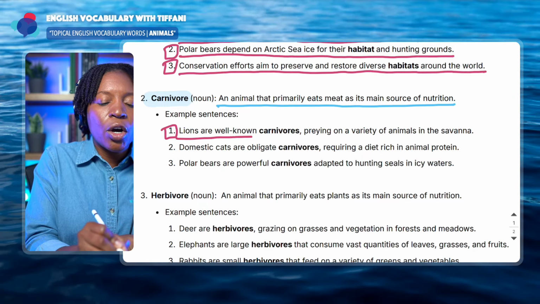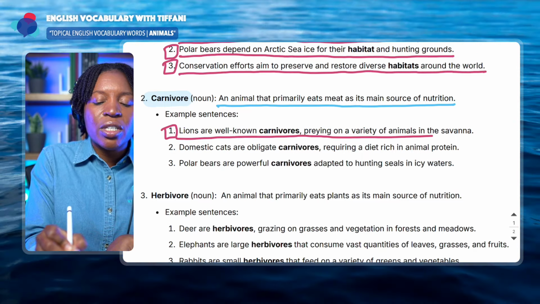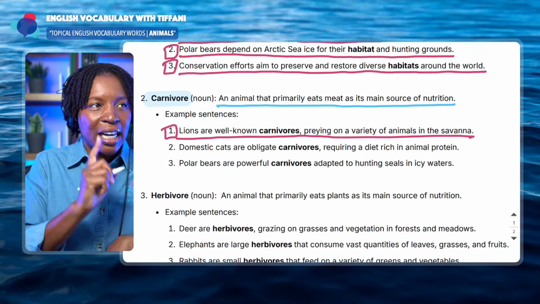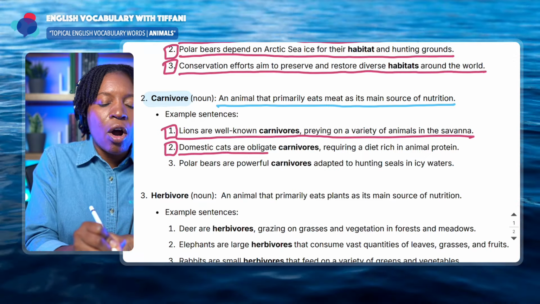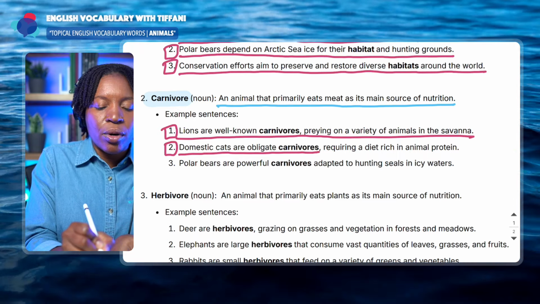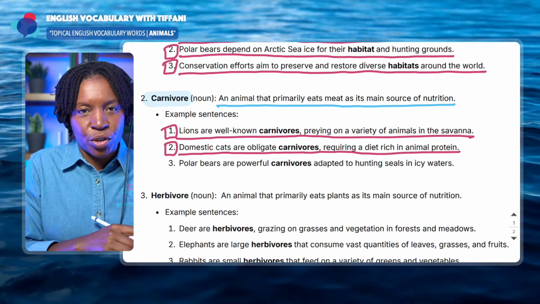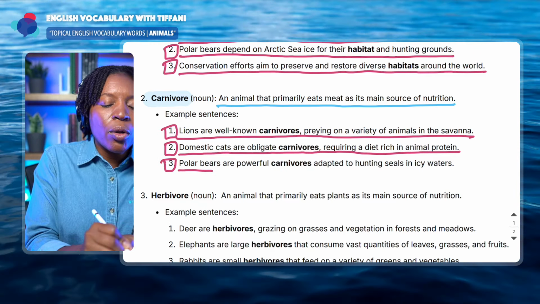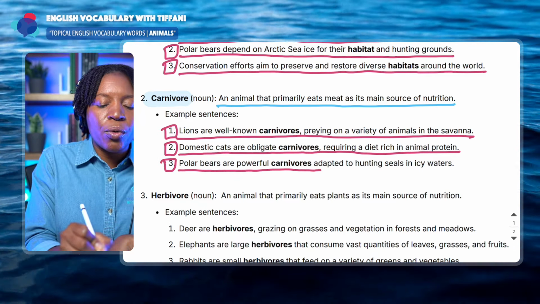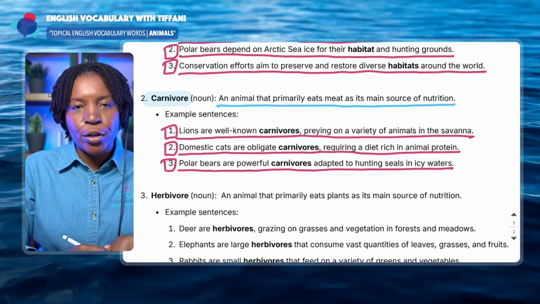Lions are well-known carnivores preying on a variety of animals in the savannah. Next, sentence 2. Domestic cats are obligate carnivores requiring a diet rich in animal protein. And finally, sentence number 3. Polar bears are powerful carnivores adapted to hunting seals in icy waters.